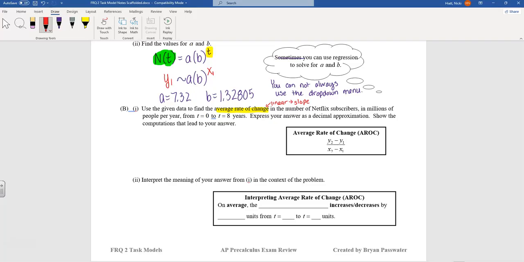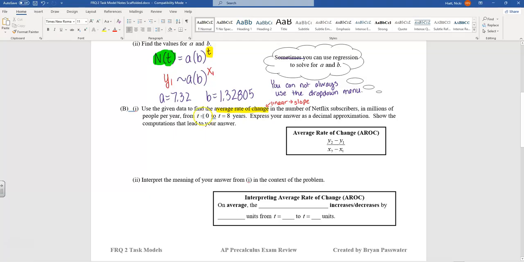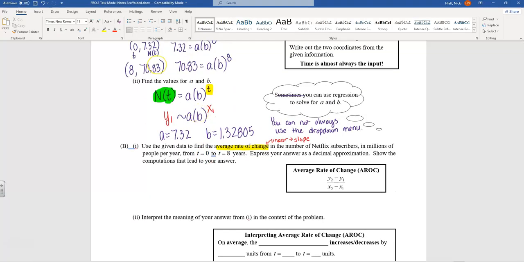Express your answer as a decimal approximation. Show the computations that lead to your answer. If they tell you it's got to be a decimal, you have to give the decimal. You can't leave it as a fraction. So in this particular case, you're using those 2 points that we had up here. So you're doing 70.83 minus 7.32 over 8 minus 0.